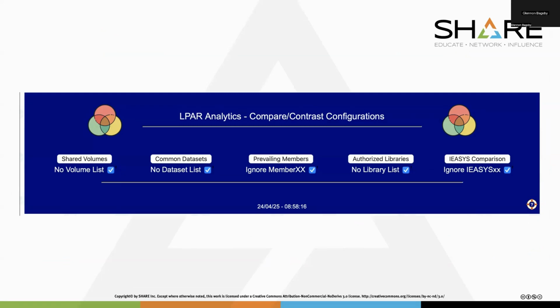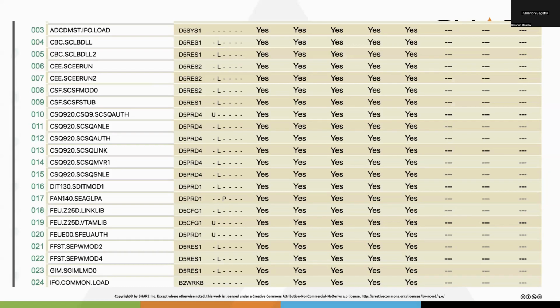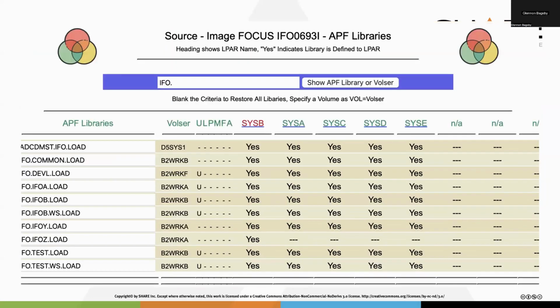We want to compare, for example, the authorized library inventory across all 5 of those LPARs. So with just a click, I now have a partial list of all the APF authorized data sets across those 5 LPARs. I can get a complete list, or I can subset that and give it qualifications.